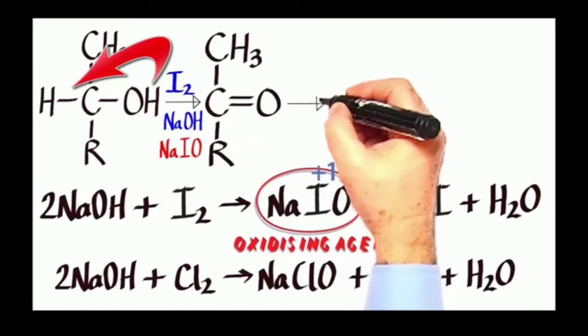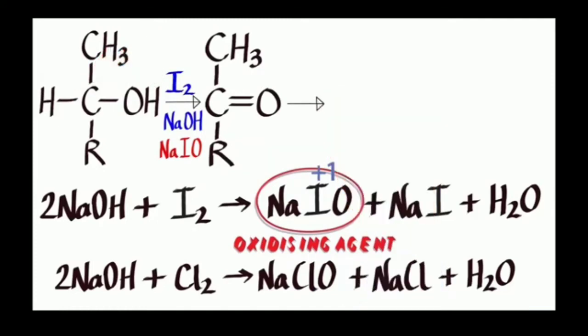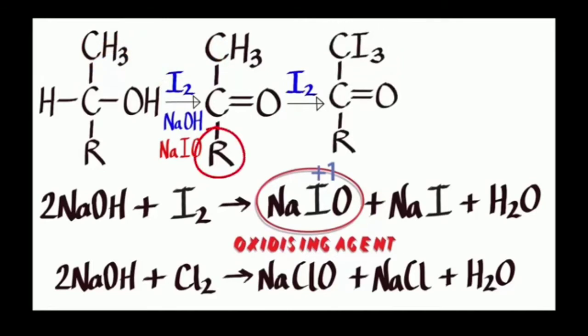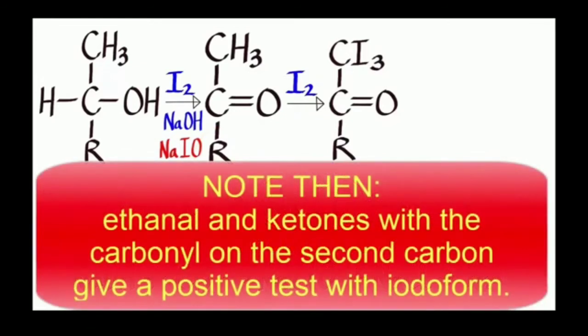It introduces then a double bond O. So it's effectively removed 2 H's, the H that was attached to the carbon directly and the H of the functional group OH. So we've converted the alcohol in the first step to a carbonyl. The R group there could be H, which would mean that we would have an aldehyde, but if it's a carbon-bearing group, then it would be a ketone that we get there.